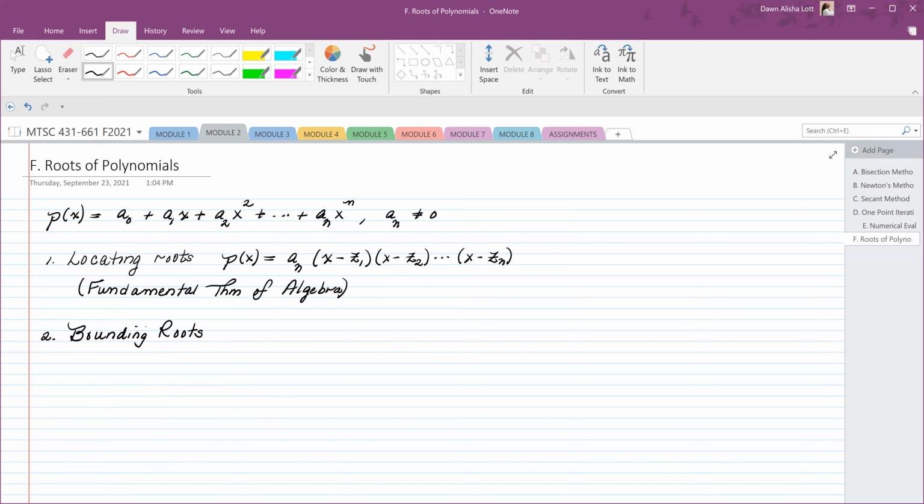And some of the rules, we can use Descartes' rule of signs. So for Descartes' rule of signs, A is a bound on the number of positive real roots of f of x.